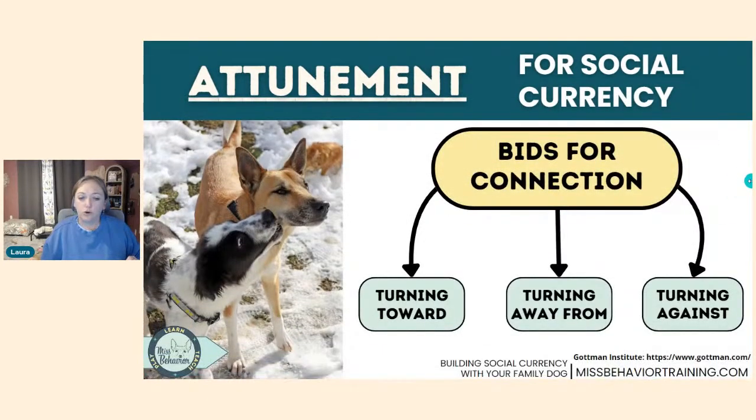All right. So there is a concept in the human world of bids for connection, but the concept came from the Gottmans and the Gottman Institute. If you've heard of the Gottmans, let me know in the comments. I'm really curious to know how many of you have heard of them and their work with human relationships.